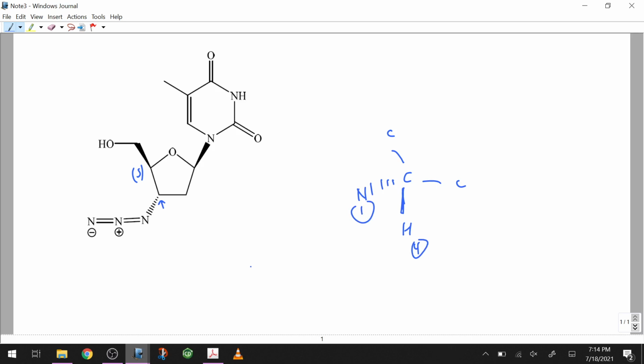If I go to the highest priority group from there, in this case, it's another carbon. In the upper case, it's an oxygen. So this is going to be a higher priority than this one. So this is 2, and this is 3. So if this were drawn the right way, that would be R.